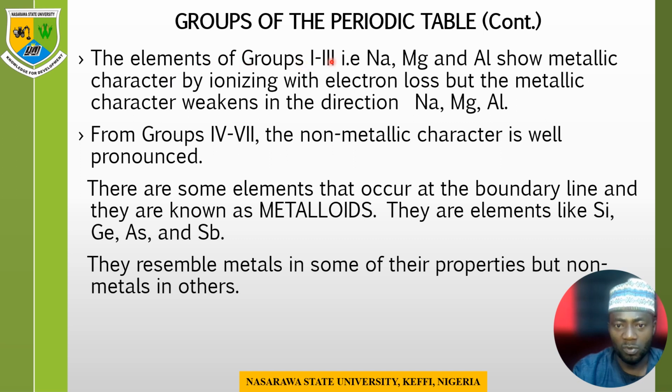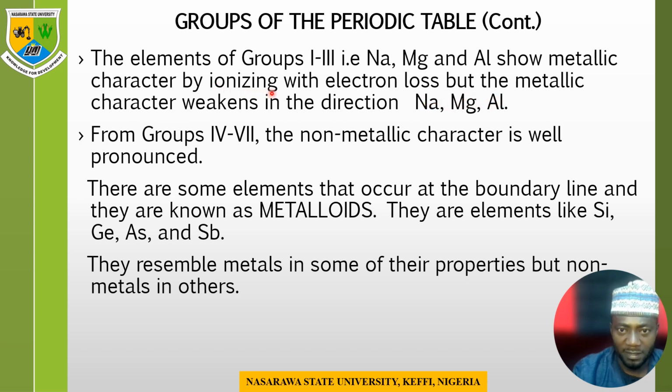Elements of group 1 to 3, for example, we have sodium in group 1, magnesium in group 2, aluminum in group 3. They show metallic character by ionizing with electron loss, but the metallic character gradually decreases in the direction from sodium to aluminum.